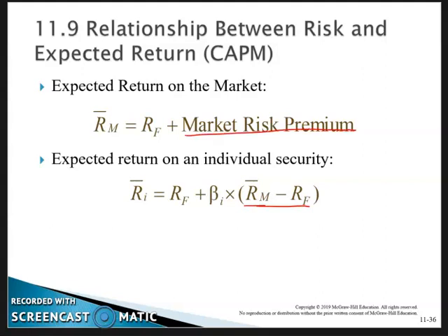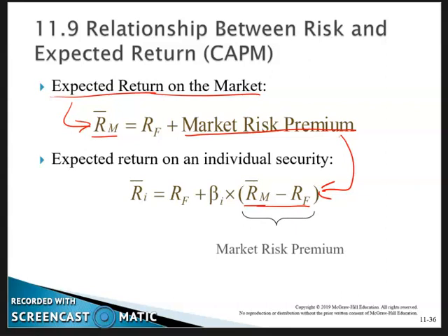So make sure you differentiate between the expected return on the market and the market risk premium, because some calculations will give you the expected return on the market, others will give you the market risk premium. If you use the wrong one, you'll calculate the incorrect answer.